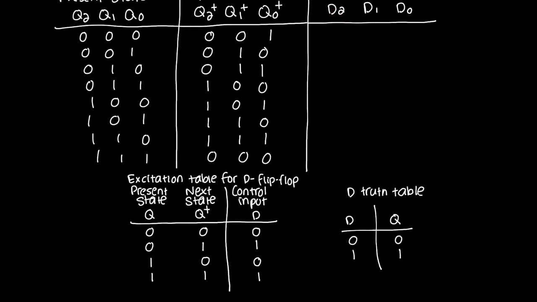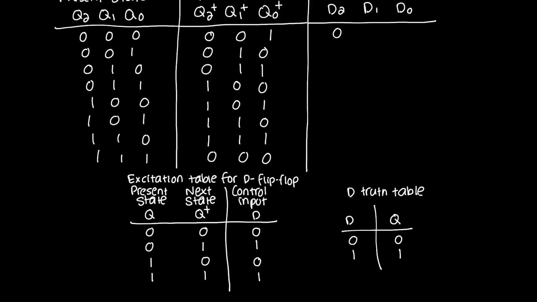Because D2 controls the flip-flop whose output is Q2. So I'm going to look over here and I'm going to say that corresponds. So this case where present state Q is 0 and next state Q is 0, that corresponds to this first row here. And I know that D has to be 0. So if I want that to happen, D is going to have to be 0.